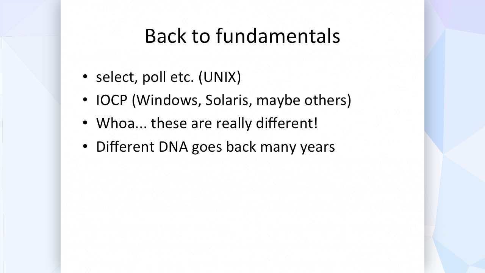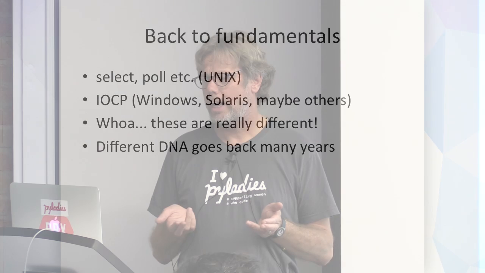But the key thing is that these two paradigms, using IOCP or select or poll and friends, are completely different, because they have very different DNA. I think IOCP, in my view of history, goes back to mainframe I/O from even before BSD invented select, but that's just my personal opinion, and I'm not a historian.